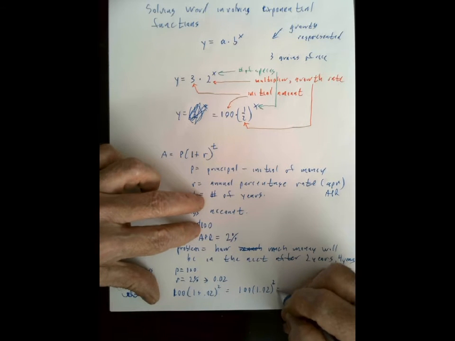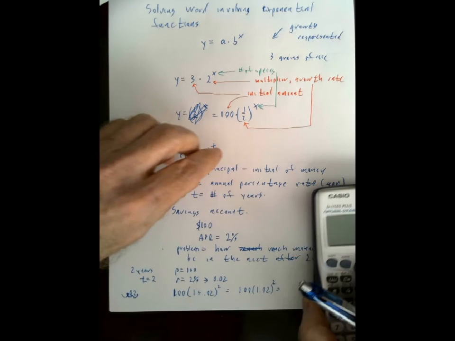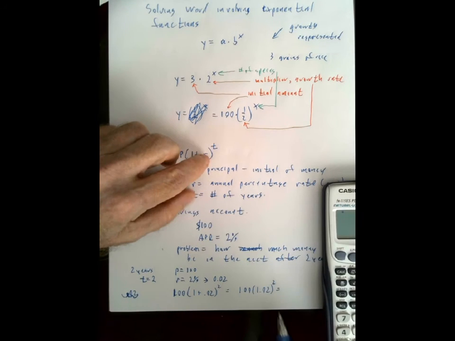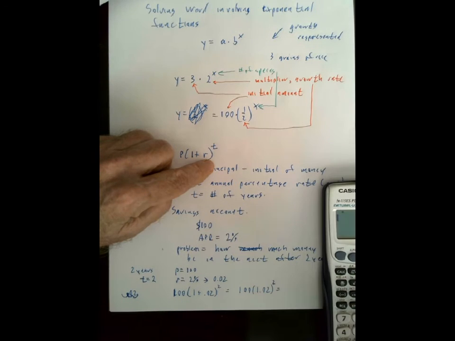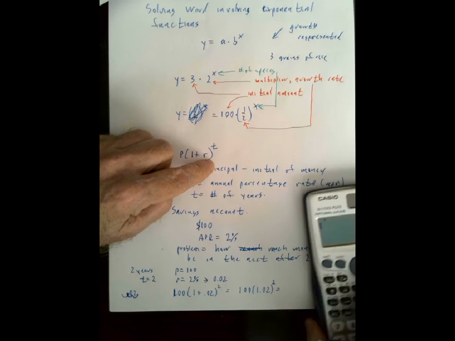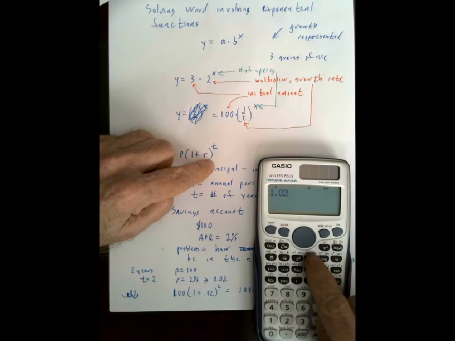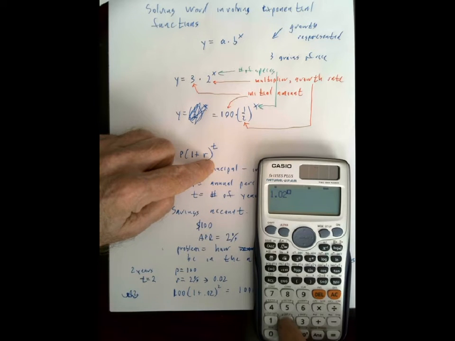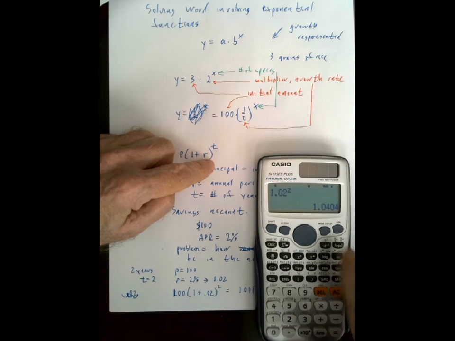Now I'm dragging out Mr. Calculator. Be very sure that you follow the correct order of operations on this. Do the exponential part first and then multiply. So on the calculator, I'm doing 1.02 exponent 2, and that is 1.0404.